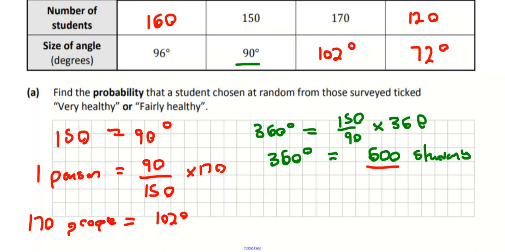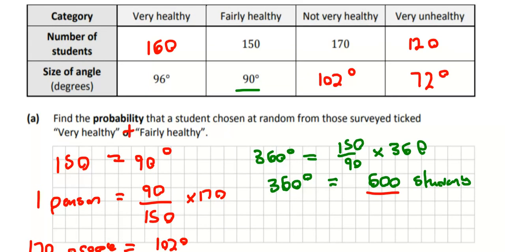Okay, so now to actually answer this question, the probability that a student chosen at random from those surveyed ticked the very healthy or fairly healthy section. So add up very healthy and fairly healthy, those two results combined. I suppose you could do it this way, 96 plus 90, which is 186.